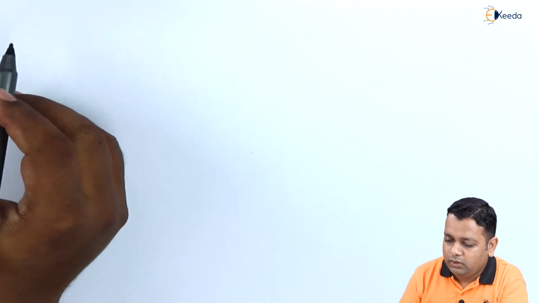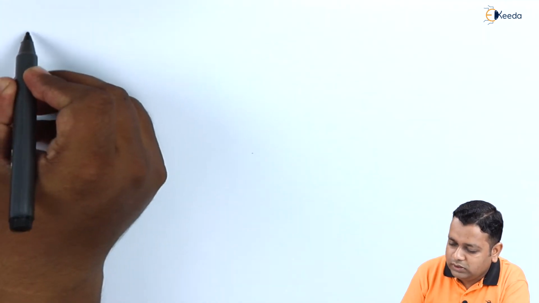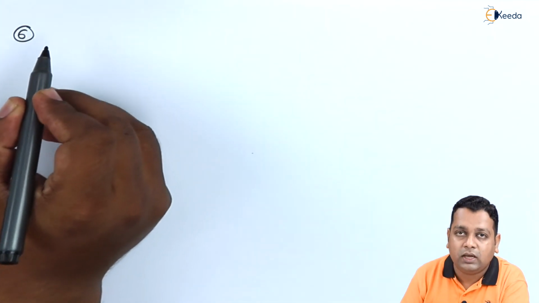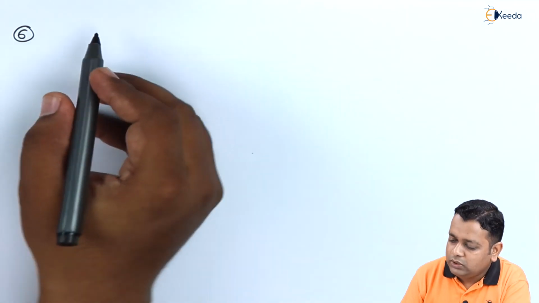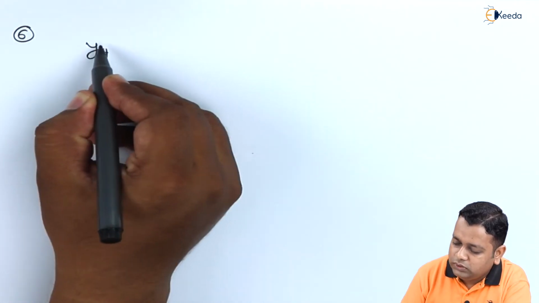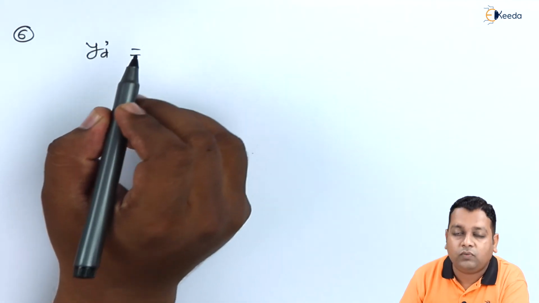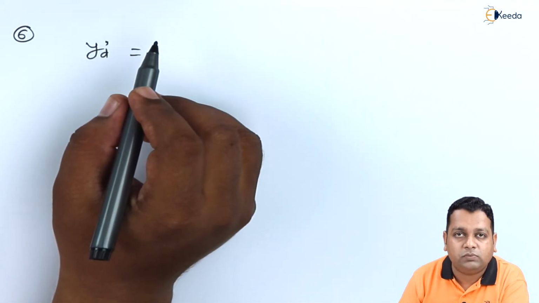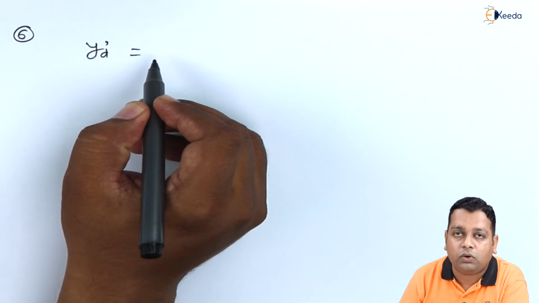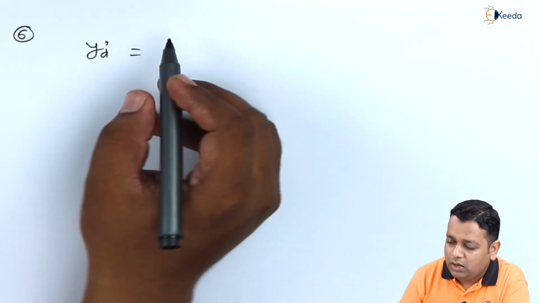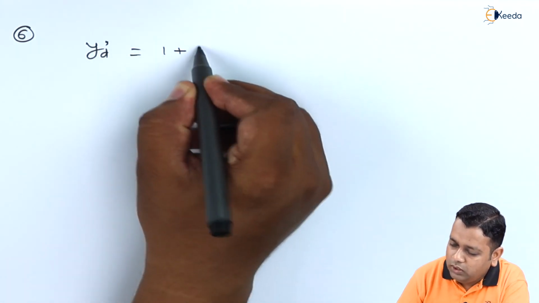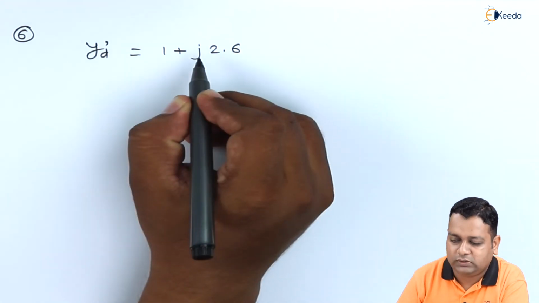Now let us discuss when this stub that we have under consideration in the next step 6 is of inductive type. At that time we can be using Y D dash that we have marked on the Smith chart here, the intersection onto the positive half. So it will hold the value 1 plus j times 2.6.